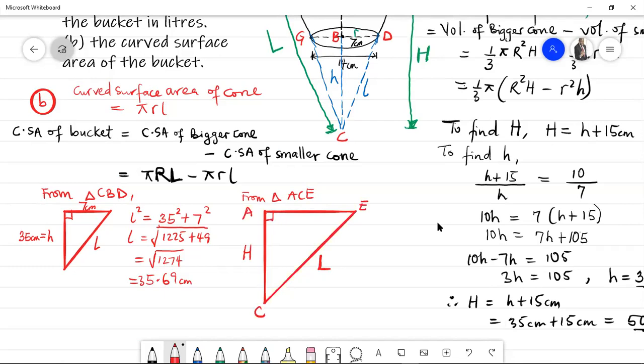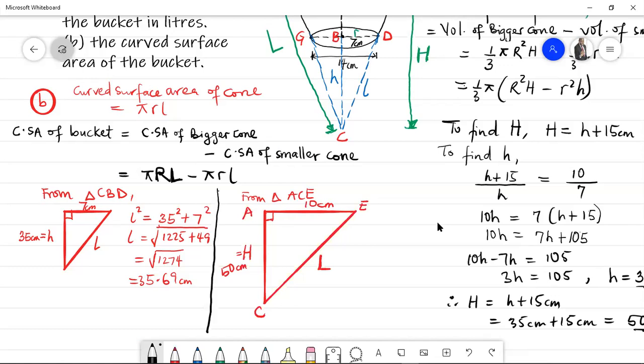Okay, this was CBD before anyway. So the radius here was 10 centimeters. And then we already calculated the big H as 50 centimeters before. Okay, so let me demarcate this so that it is clear and we are not mixing them together.